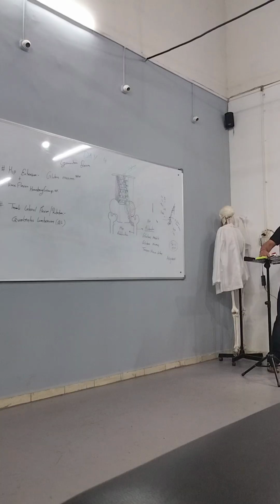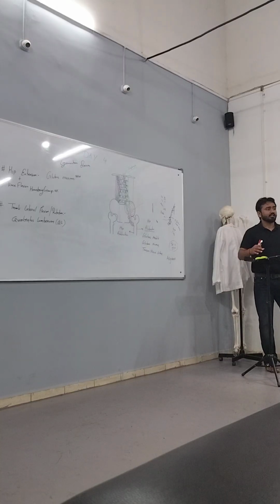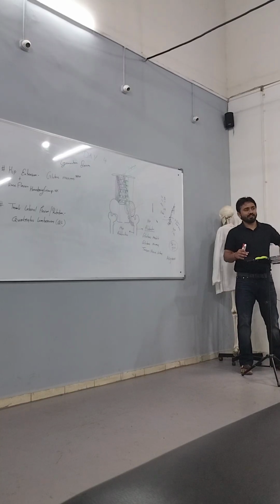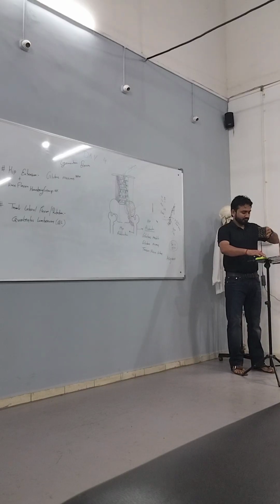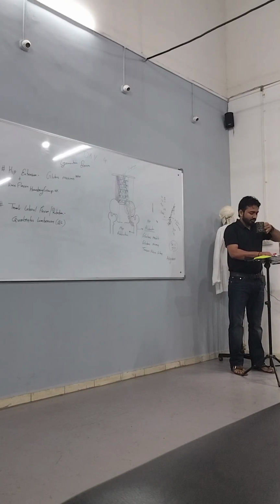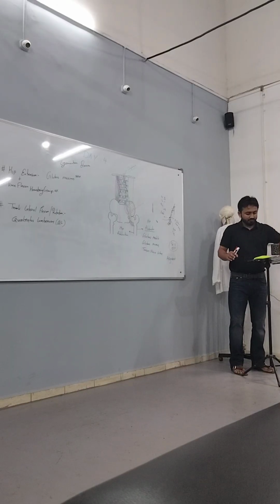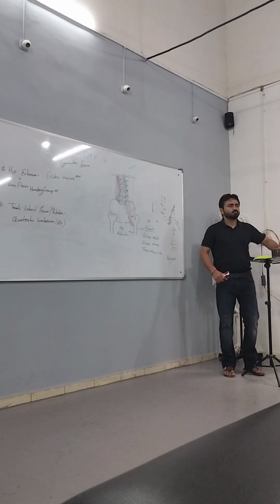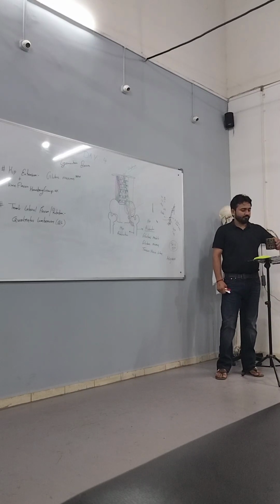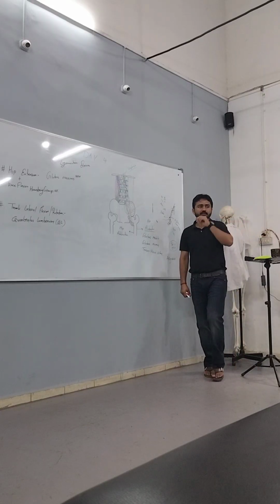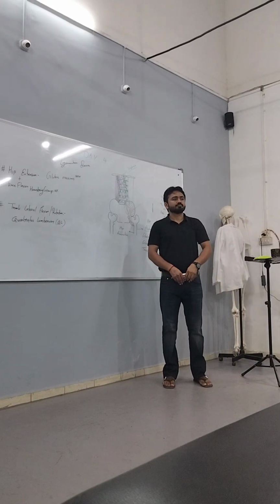In the human body, there is only one muscle. In that muscle, the filament is going in three directions: upper, middle, lower.